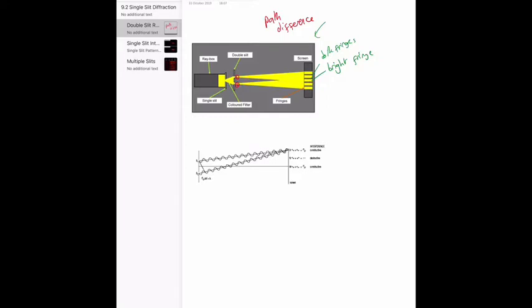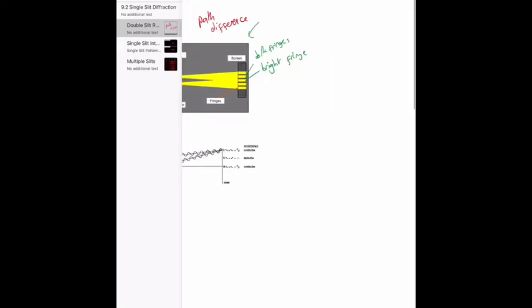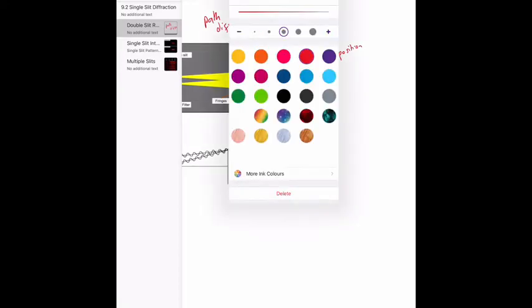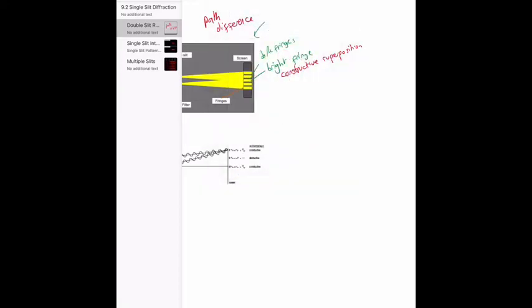Okay, so if you remember, in order to get a bright fringe, we need to have constructive superposition. And that means those two waves arrive in phase. If they're in phase, the phase difference between them is going to be some multiple of 2 pi.